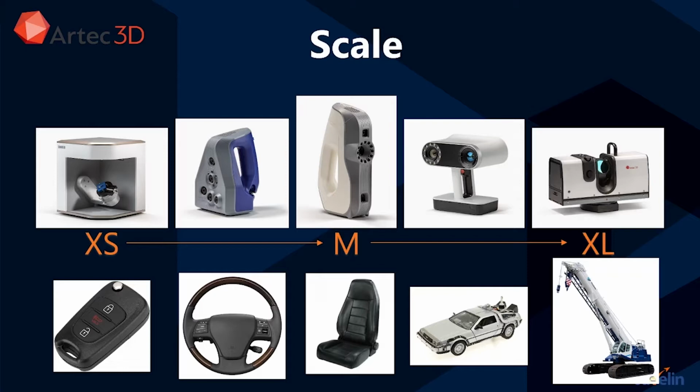Handheld scanners include the Space Spider, the EVA, and the Leo, generally for small to medium parts. The Leo is uniquely portable in the scanning industry with onboard batteries and screens, allowing you to scan without a tethered laptop. Finally, the Ray, shown on the right of your screen, is a tripod-mounted LiDAR scanner designed for extremely large objects and area scanning.